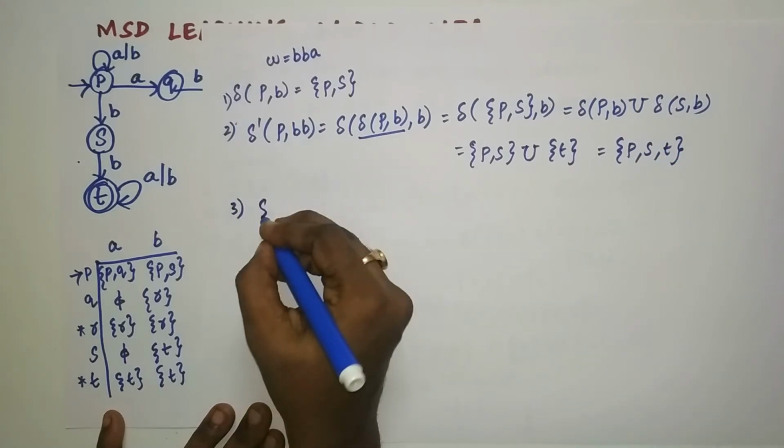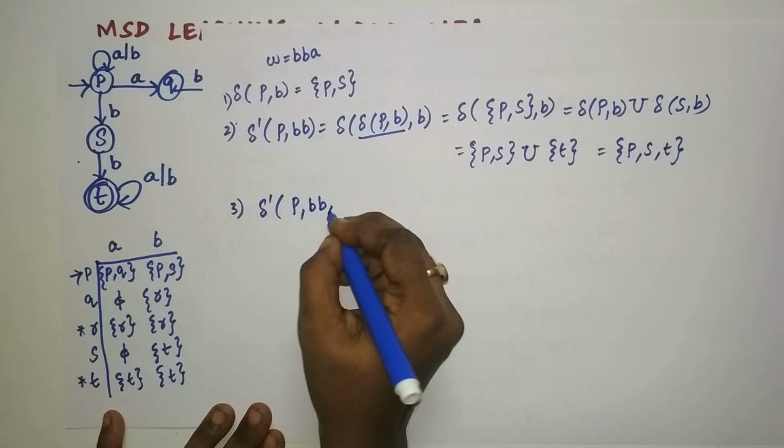Now the third step is del dash of P comma BBA.